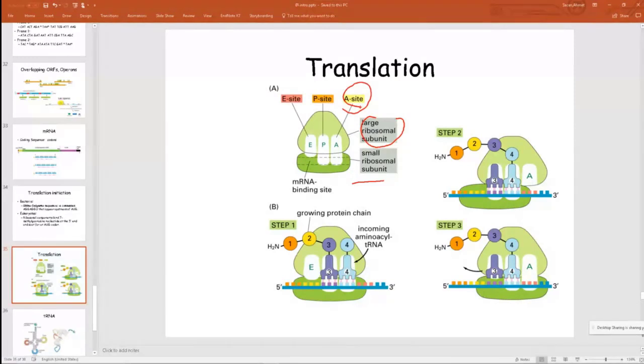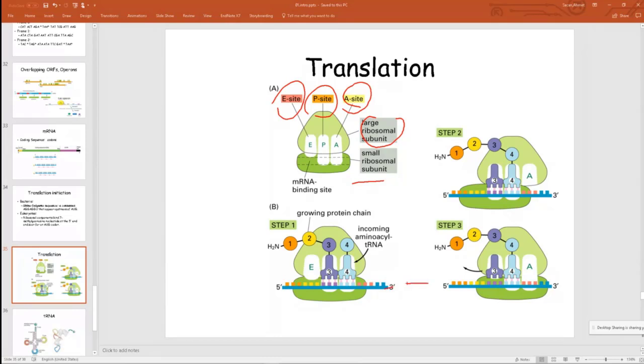The A site, which is the acceptor site, is where a transfer RNA comes and binds. Then the elongation site, and I don't know what P stands for. So these 3 different pockets hold transfer RNAs as the protein is being produced. Okay.